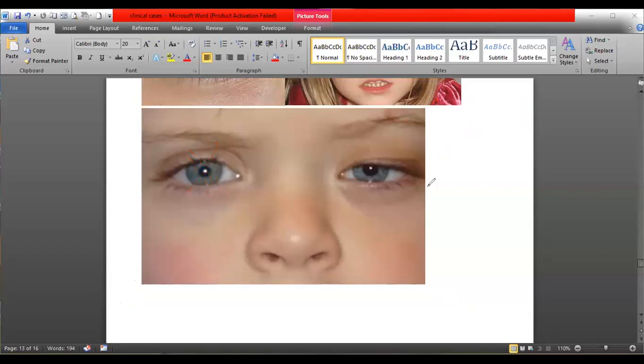After that, third, what was the third? That is eye movement. Here, eye movement is important because this is a third nerve lesion. So the child will not be able to move the eye. Suppose here is the H-shaped movement. What are we doing?